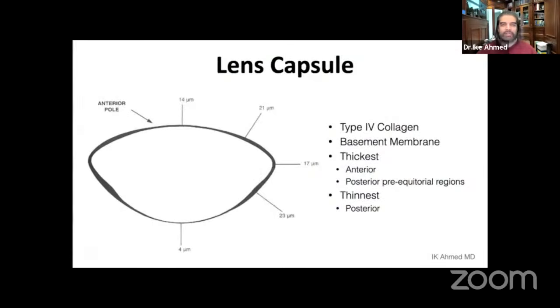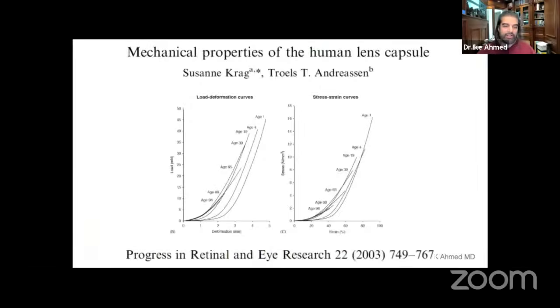Let's remember the capsule anatomy. This is type 4 collagen, one of the thickest basement membranes in the body, typically about 14 to 20 microns in the anterior extent. Remember that the mechanical properties of the capsule change as we get older.